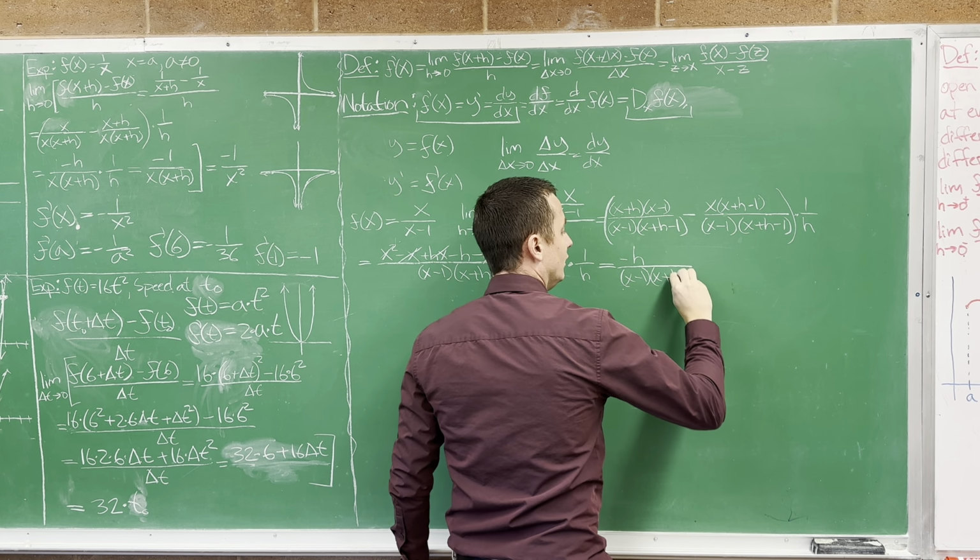How does it get rid of our square roots? Let's multiply it out. What's the square root of x times the square root of x? x. What's the square root of x times the square root of z? The square root of x times z, or you could have left it square root of x times square root of z. Both of those are fine. What's negative square root of z times the square root of x? Negative square root of x times z.